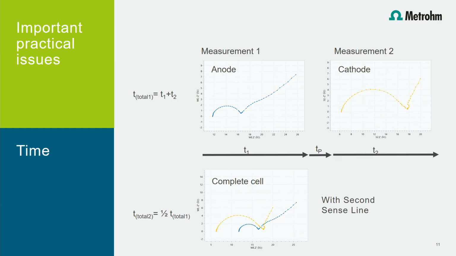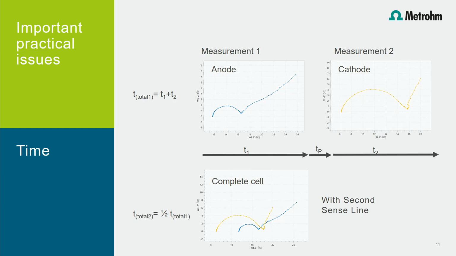Time. One of the most important rules doing impedance spectroscopy is stability. During the measurement, the device under test must not change. In basic research, it can happen that the battery itself is not stable over time. So at least for the measurement itself, a degradation or change should not occur.